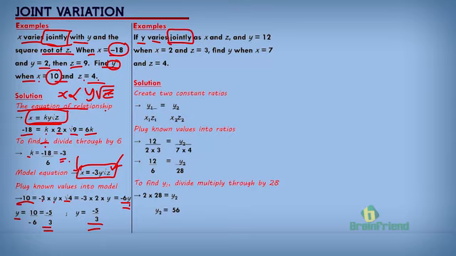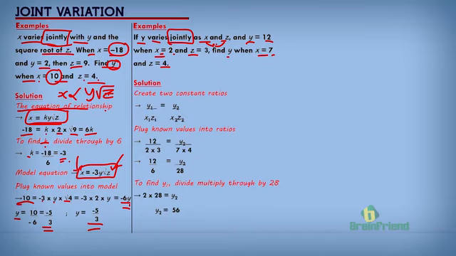In this case, it's a joint variation question. If y varies jointly as x and z, so there is a multiplication here to give us a product, and y is 12 when x is 2 and z is 3. Find y when x is 7 and z is 4.